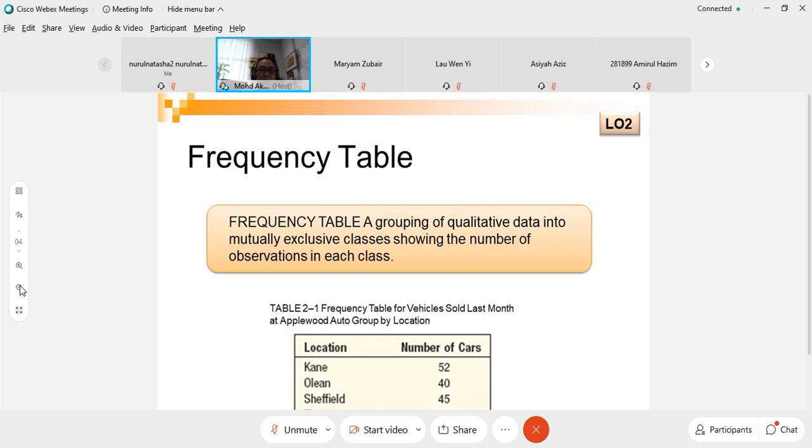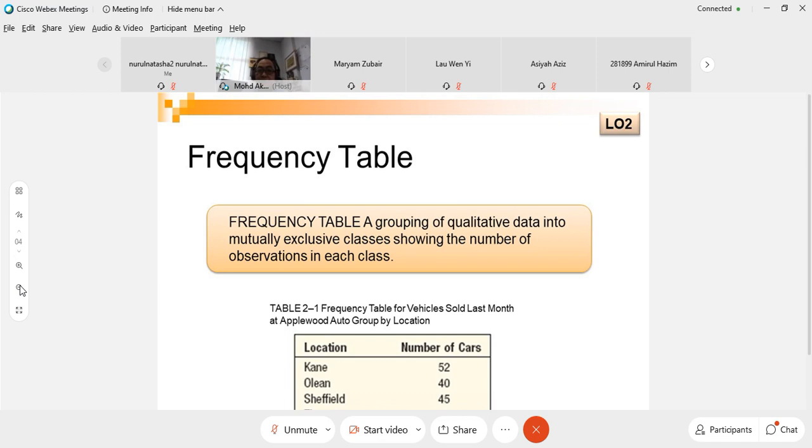So each location has the numbers 52, 40, 45, 43. And the total number of cars sold is 180. Okay. So each group here, like 52, is what they call a frequency table. That means each location shows the number of cars.